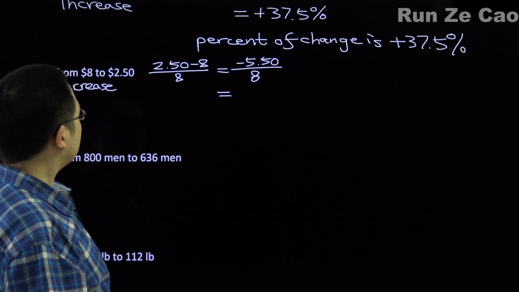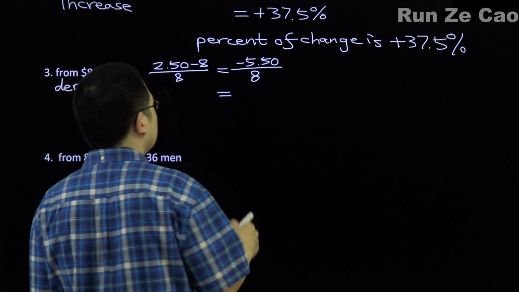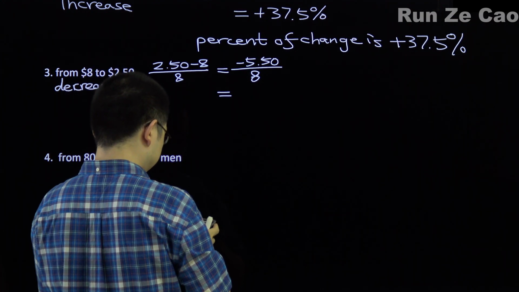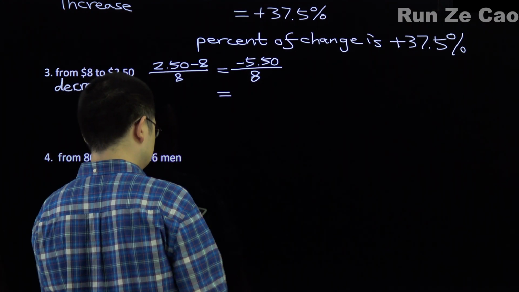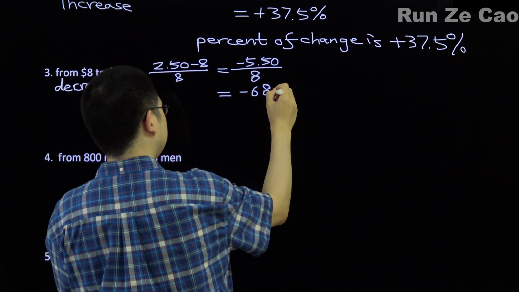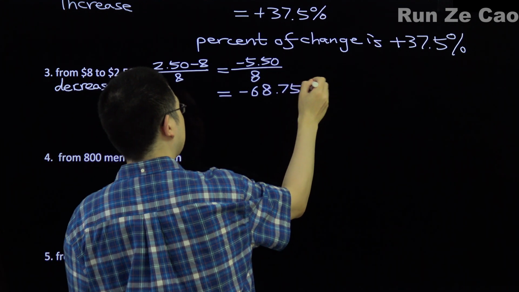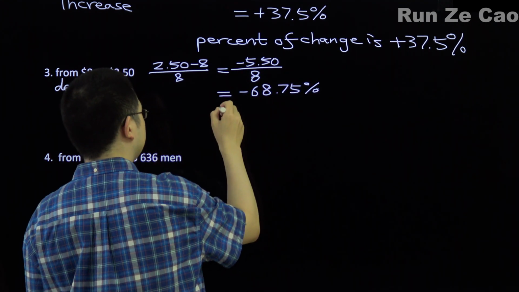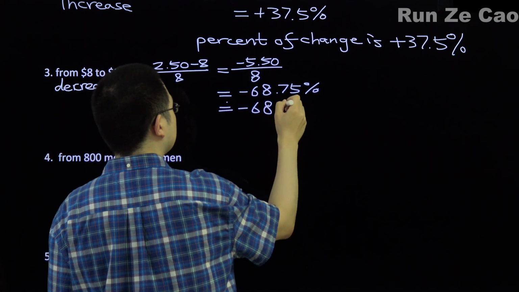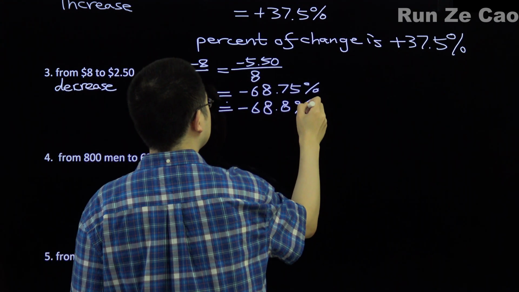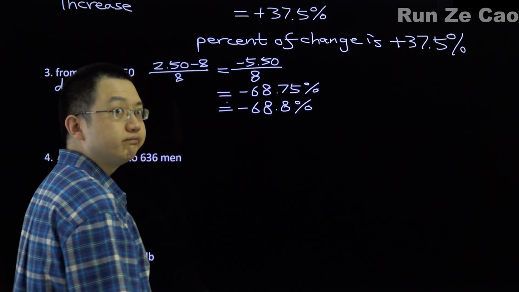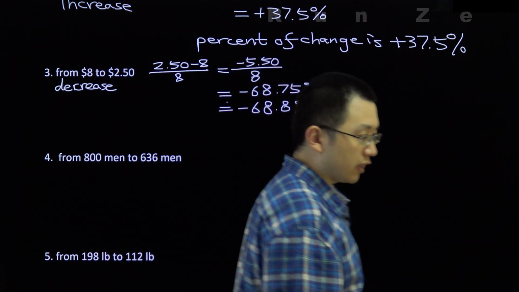So we're looking at 5.5 divided by 8. Oh, negative 68.75%, but because it said round to the nearest tenth, it's approximately negative 68.8%. The percent of change is this number. That would be our statement.